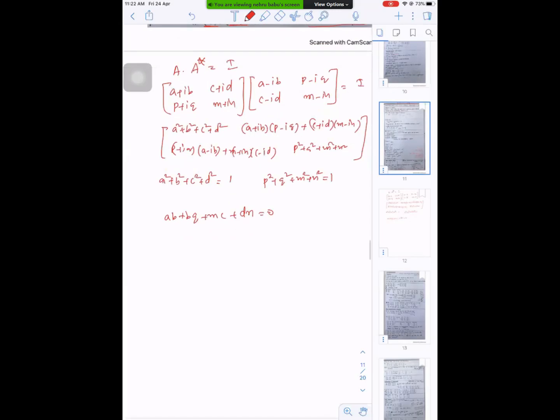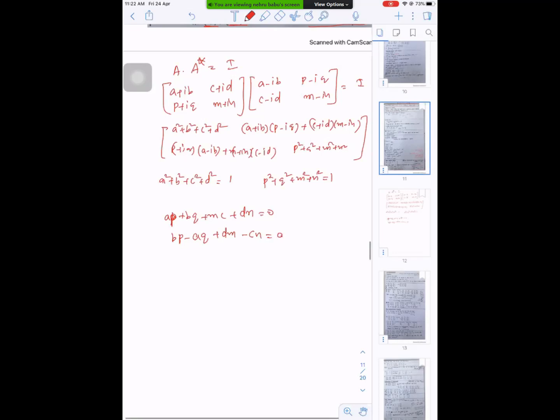Next, if you take the imaginary part: BP minus AQ plus DM minus CN equal to 0 will come. Correct? Yes, sir, it should be AP, not AB. AP plus BQ, MC plus DN is 0. Next, BP minus AQ, this is 0.